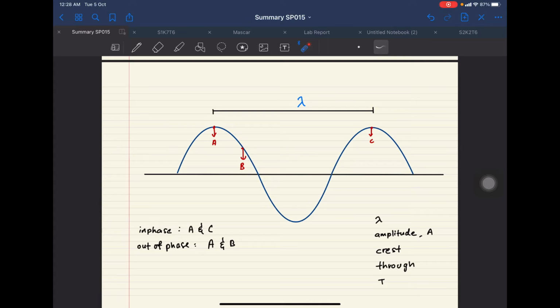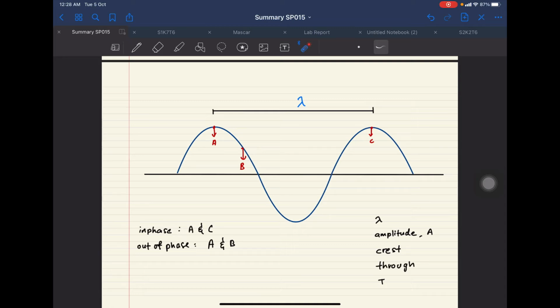Okay, so it is basically the distance is basically the same as the lambda lah, one complete cycle. So I can put this one as T as well.